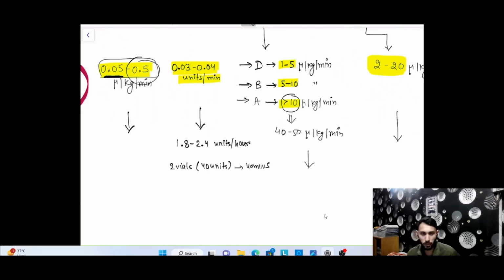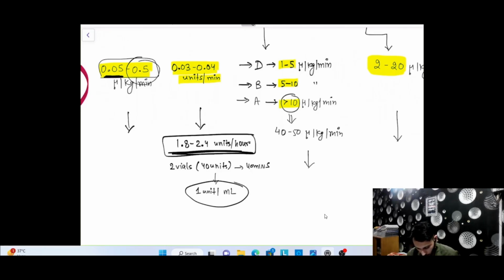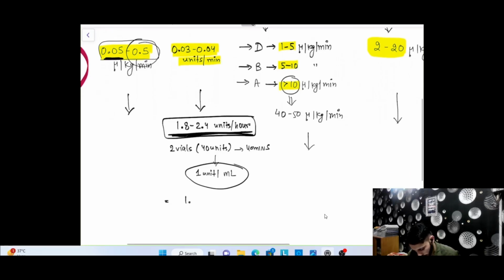So this is the difference between the rest of them and vasopressin, that we dilute it in a 40 ml syringe. Now after 40 ml, this will become 1 unit per ml. Because it is 1 unit per ml, we have to start between 1.8 to 2.4, so the rate per hour will be very similar to this. That's 1.8 to 2.4 ml per hour.